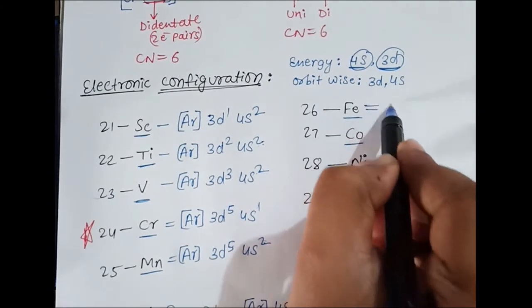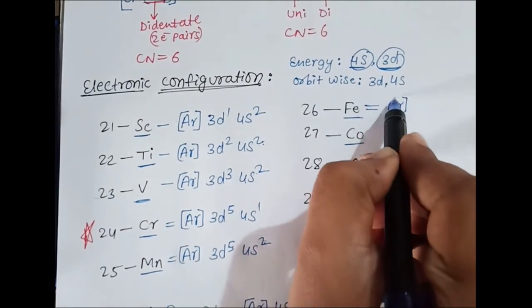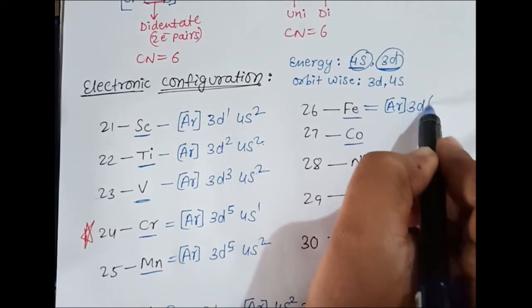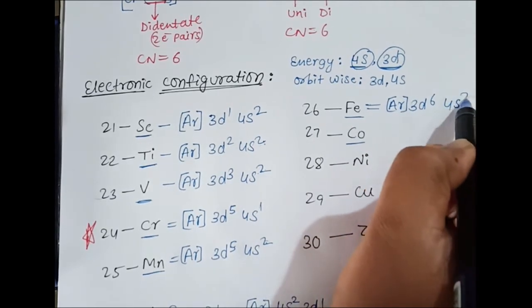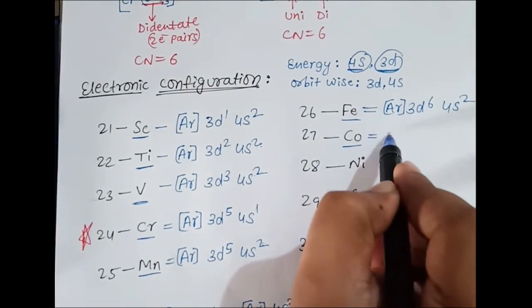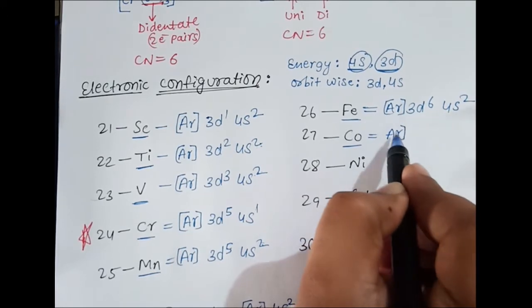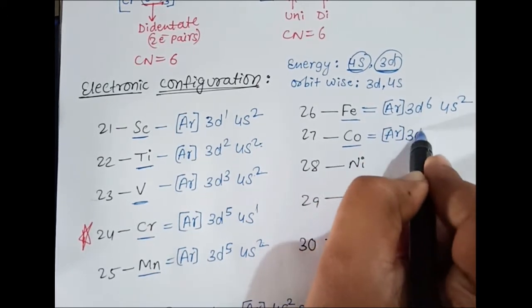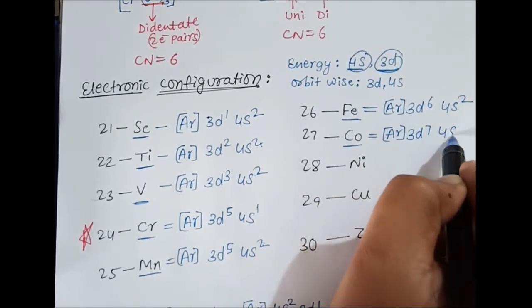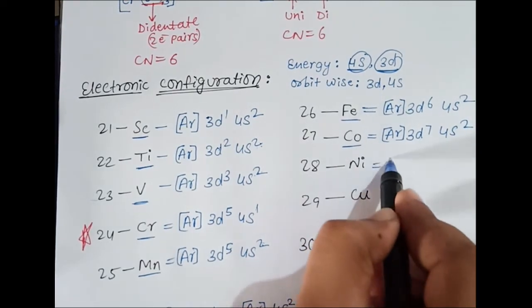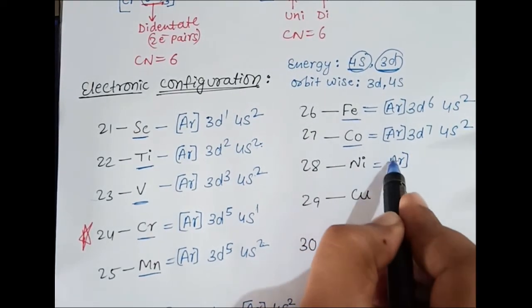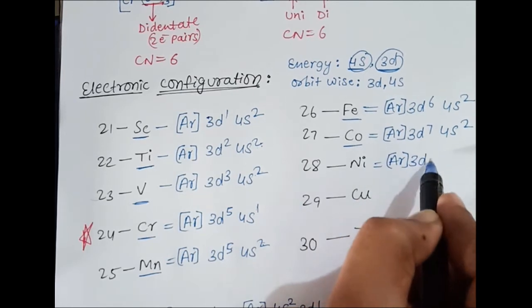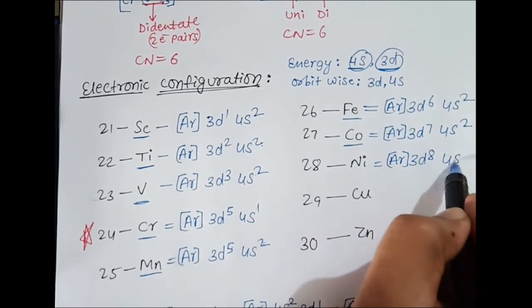Now iron, argon 3d6, 4s2. Now cobalt, it is argon 3d7, 4s2. Nickel, it is argon 3d8, 4s2.